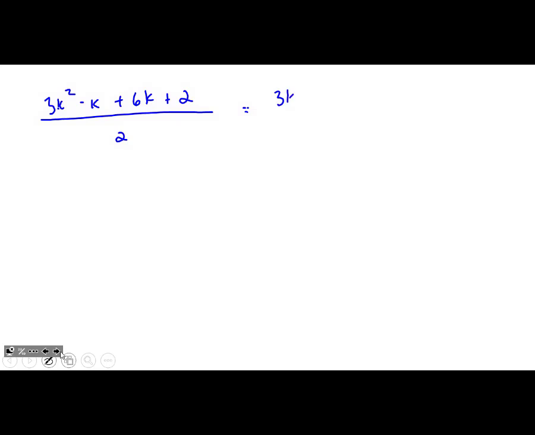Which then I could write as 3k squared plus negative k and a 6k, that's a 5k, plus 2 over 2.